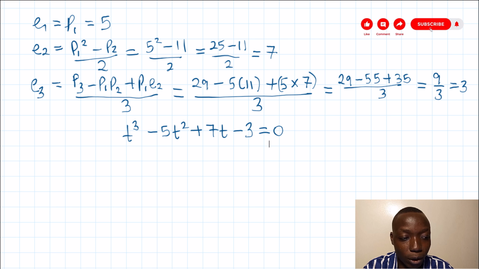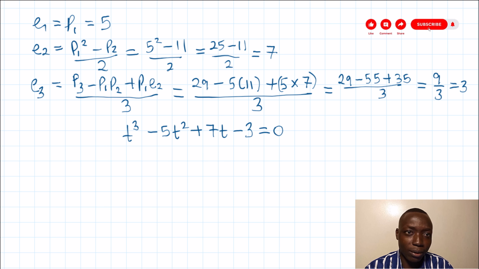So let's try 1. If we try 1, that's 1 minus 5 plus 7 minus 3, which is 0. So 1 works. It's not all the time that 1 works, so you need to keep trying positive and negative versions.